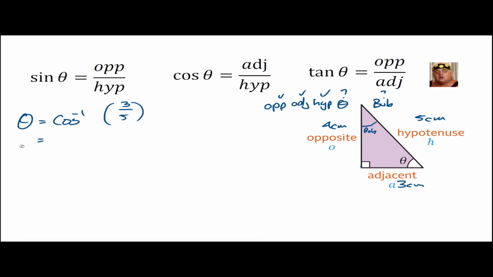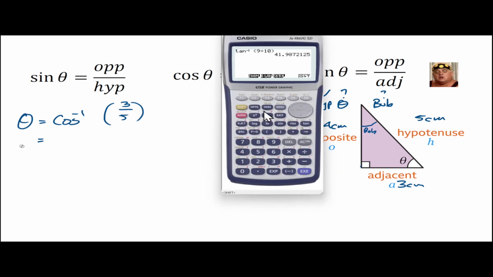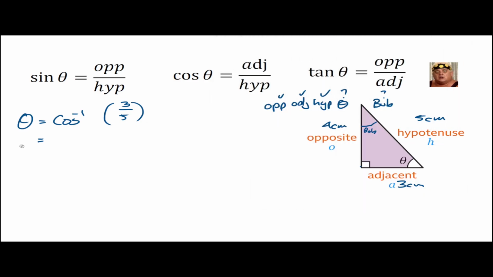And we grab our calculator. Cosine -1, 3 divided by 5, 53.13.